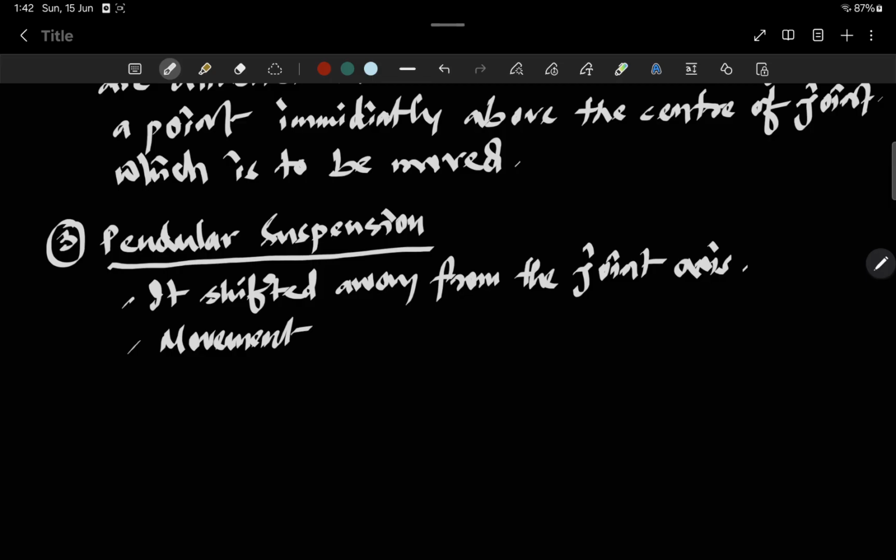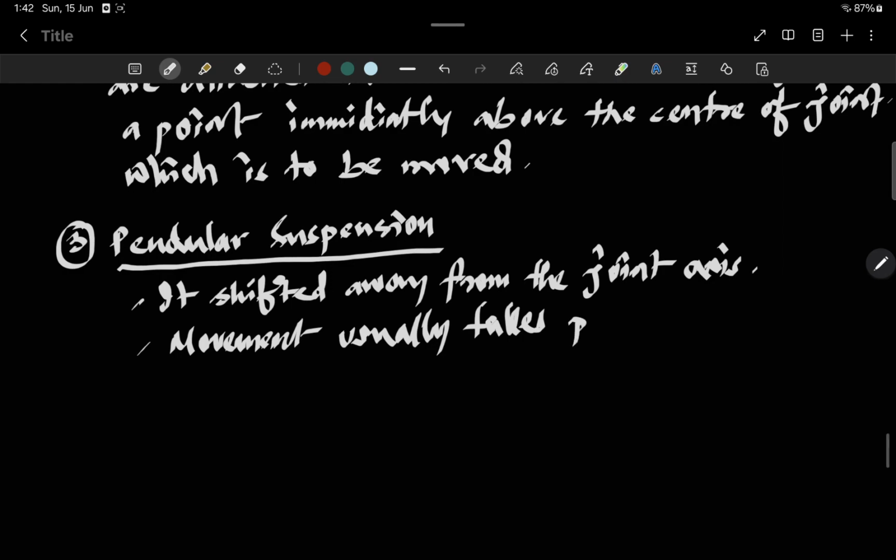Movement usually takes place against gravity.